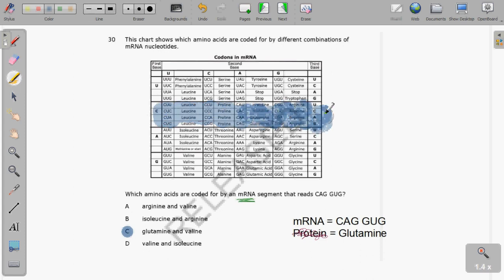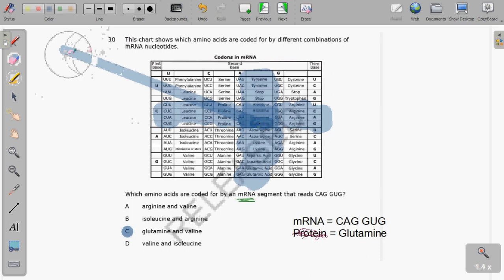And then the second letter, the A, tells you it has to be in here somewhere. So now we know it has to be in this block. And this third letter, the G, tells us that it has to be in this row. So it has to be right there. It has to be that glutamine. But that's what you're doing.